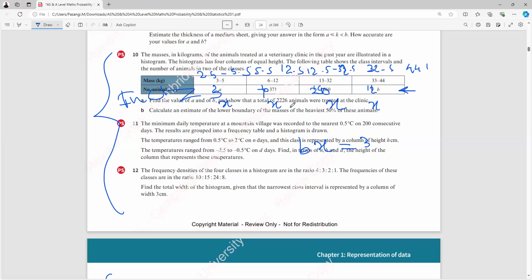So now what will happen here? 7x should equal 371. That means x should equal 53. Then the height is 53, right?